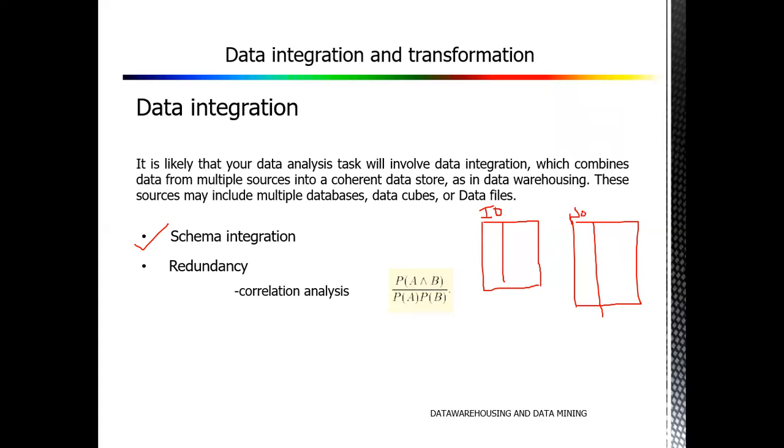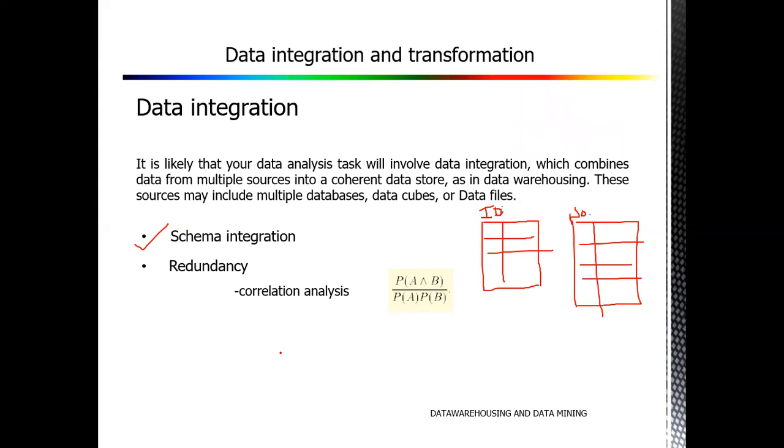We want to integrate them both on the basis of the ID and number. You can say student ID, student number, or customer ID, customer number, depending on what kind of data set you are having. There are some certain values, and we want to combine these two tables by utilizing ID and number. Now, how will you do that?